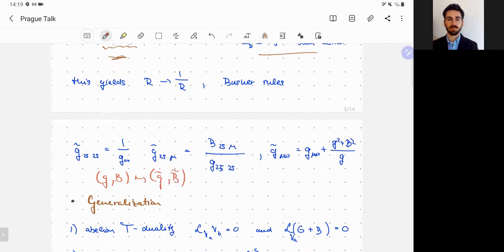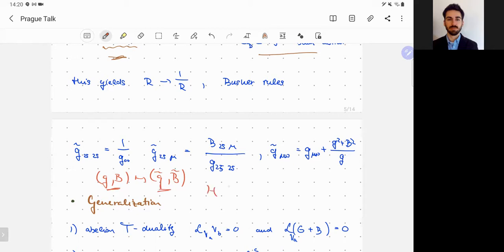And if you look at the quantum theory, if possible, then the spectrum is the same. However, it's not some trivial transformation, as you see up here. I spelled out, for instance, how under T duality in the 25th direction, what happens with G_25,25. It's some terrible mess, but interestingly enough, if this was a solution of supergravity, this will be as well, and it has a nice reformulation in terms of the generalized metric.